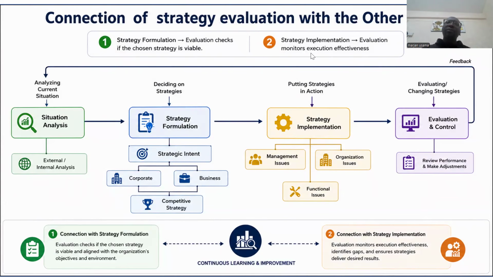Then number two, in strategy implementation, how does evaluation help in implementation? Evaluation monitors execution effectiveness. So while we are executing, we need to evaluate to see, are we being effective? Are we being efficient?